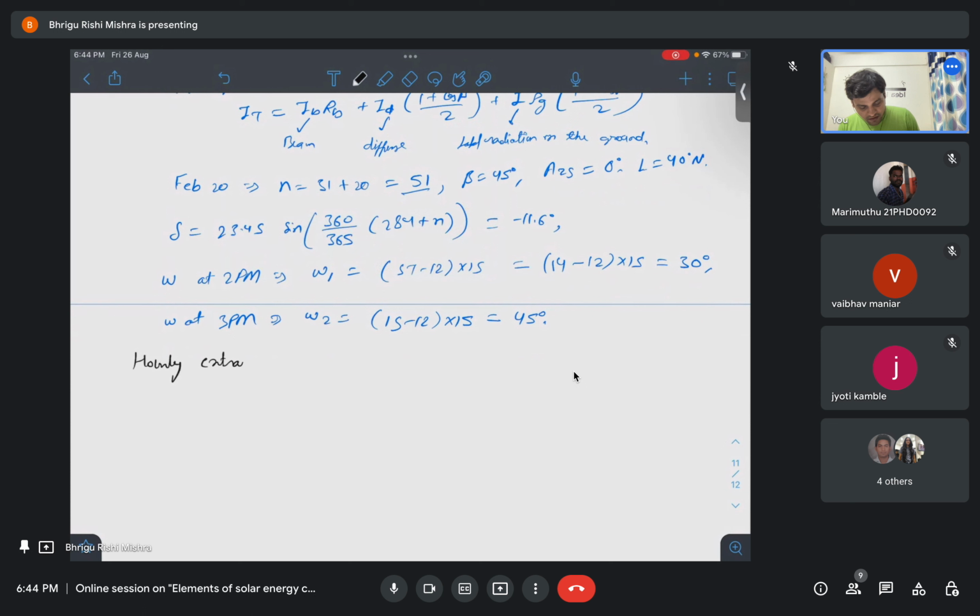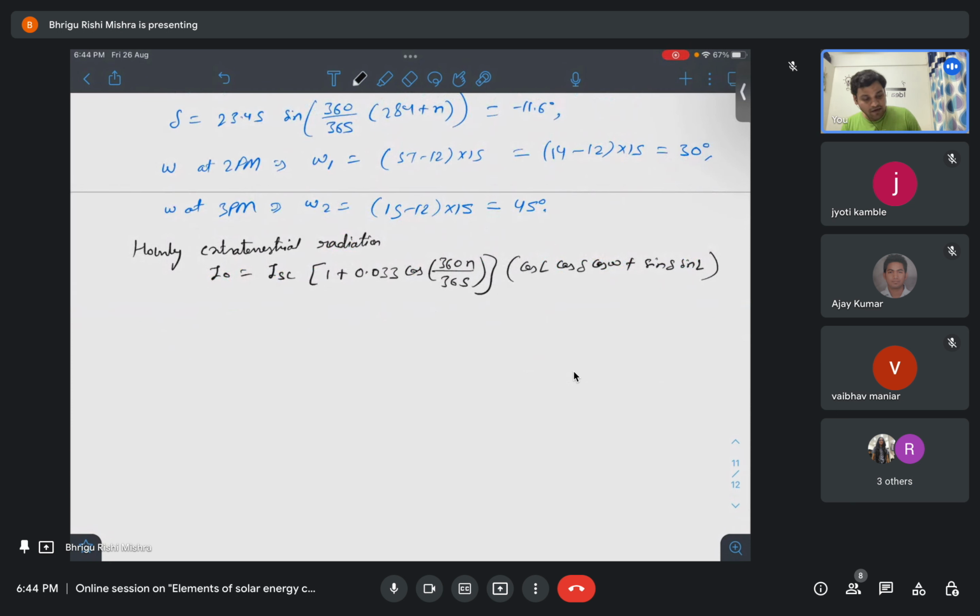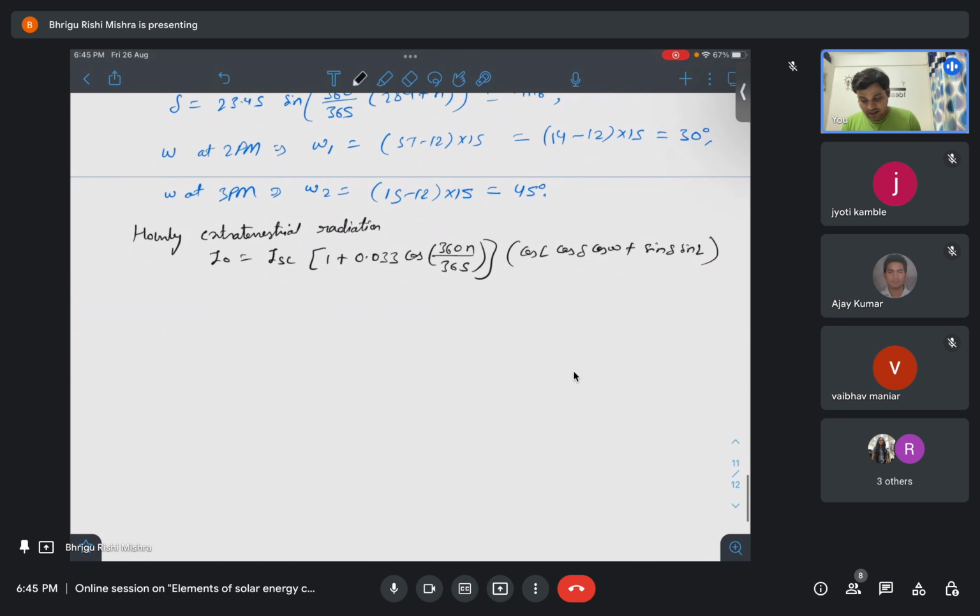Which is I naught equals to ISC 1 plus 0.033 cos 360n by 365 into cos theta z, and cos theta z is cos L cos delta cos omega plus sin delta sin L. Okay, and now we have to integrate this equation from omega 1 to omega 2 to get the average radiation between 2 to 3 p.m. Okay, the extraterrestrial radiation, of course.